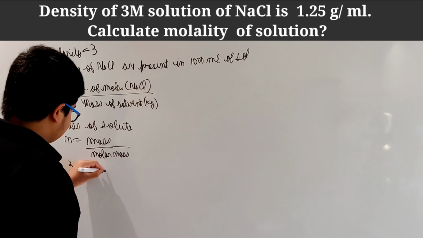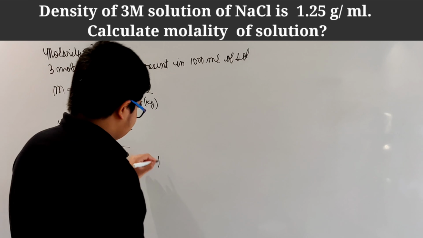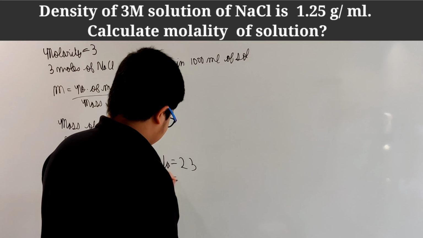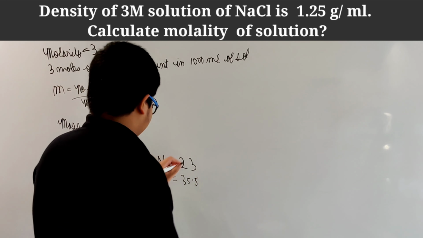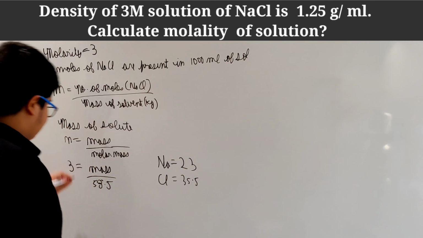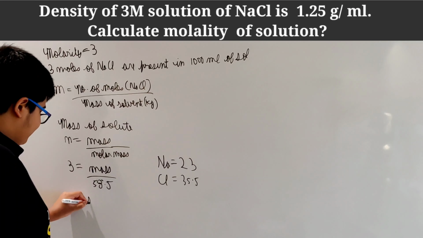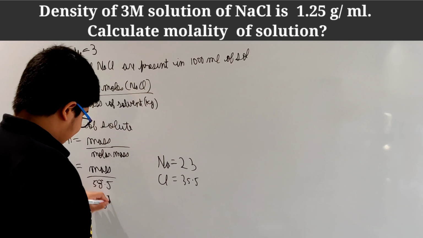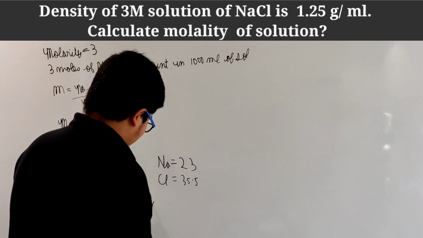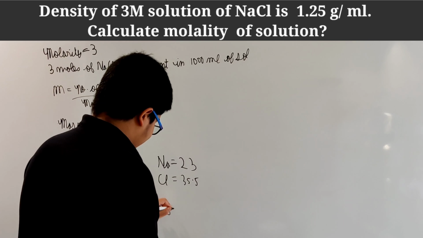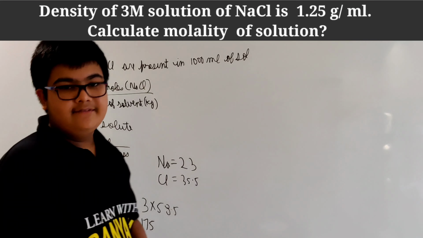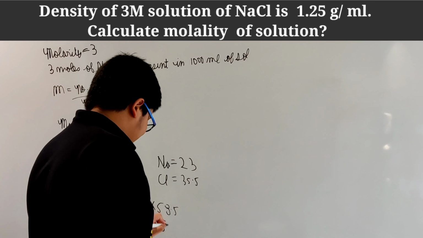We have to find the mass, and molar mass we can find because the mass of Na is 23 and the mass of Cl is 35.5. So it will become 23 plus 35.5, that is 58.5. So the mass of NaCl will become 3 into 58.5, that is 175.5, and this is in grams.